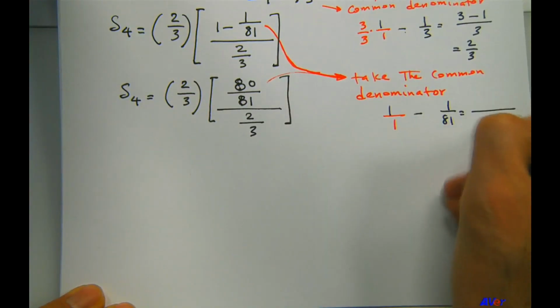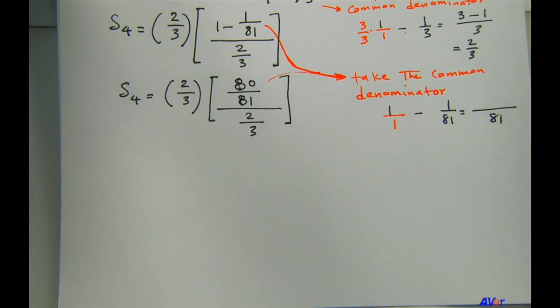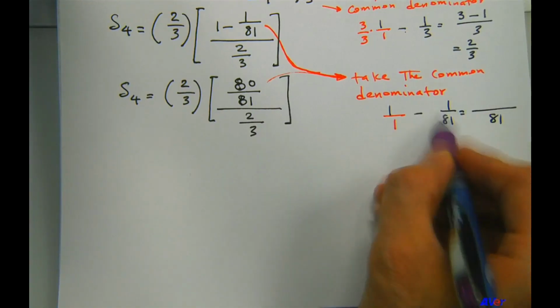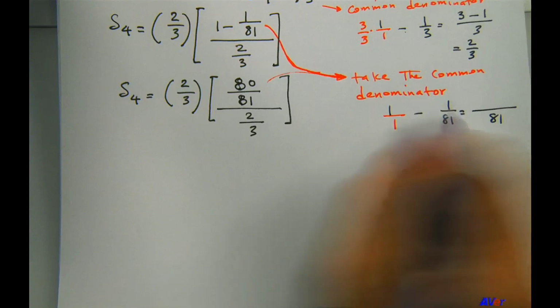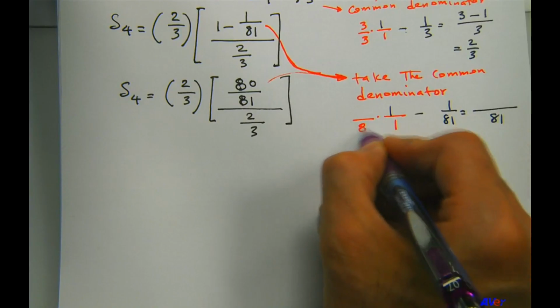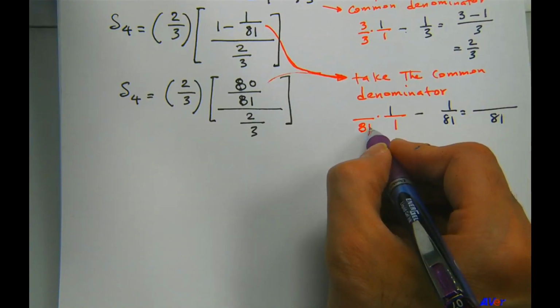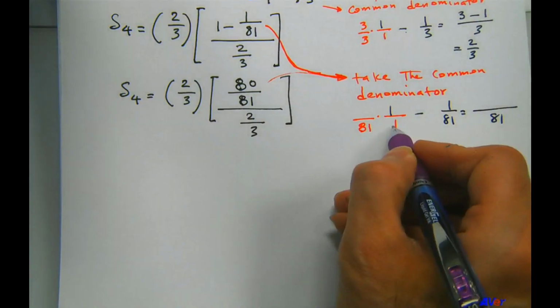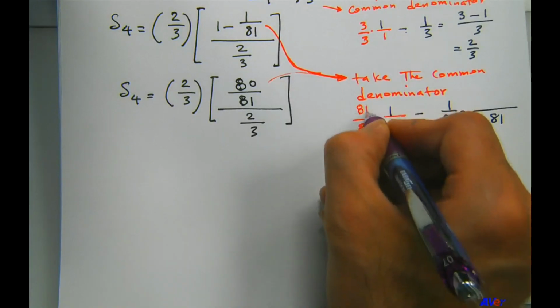We know the common denominator is 81. So this one is okay. We don't have to do anything to this fraction. This one is not. To get it to the common denominator, we have to multiply this 1 by 81. But we can't do that just to the denominator. We have to do that also in the numerator.